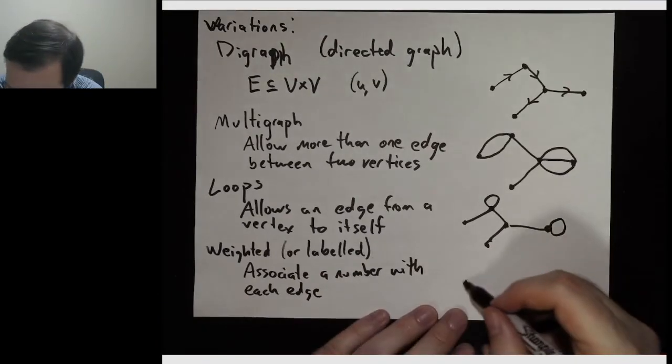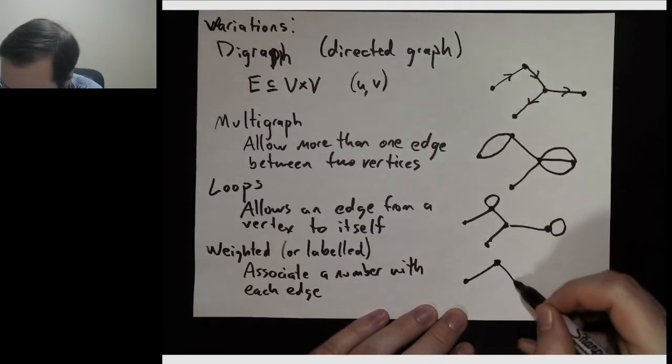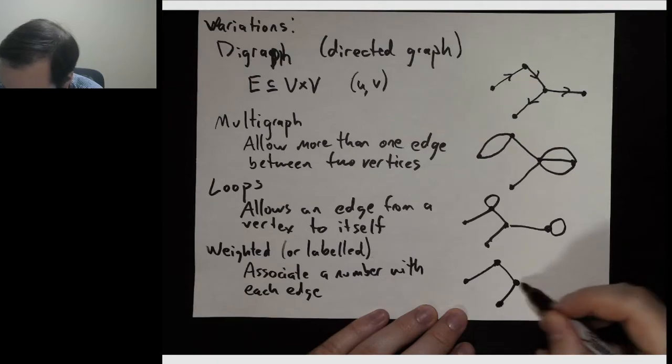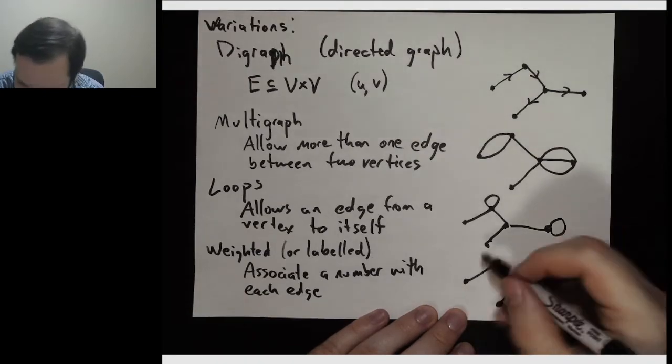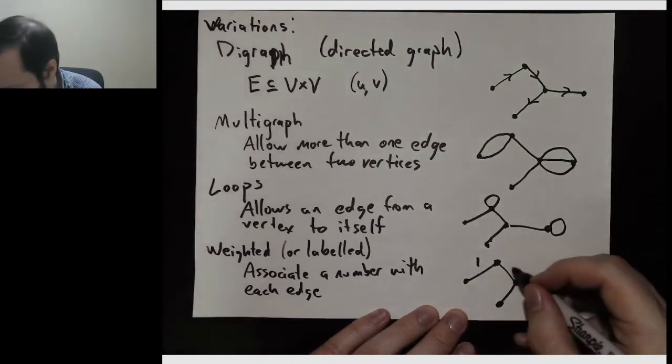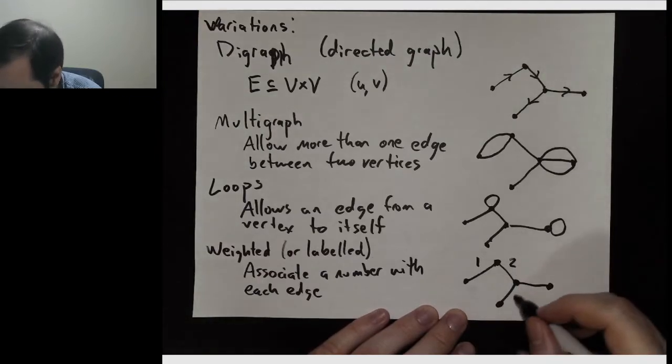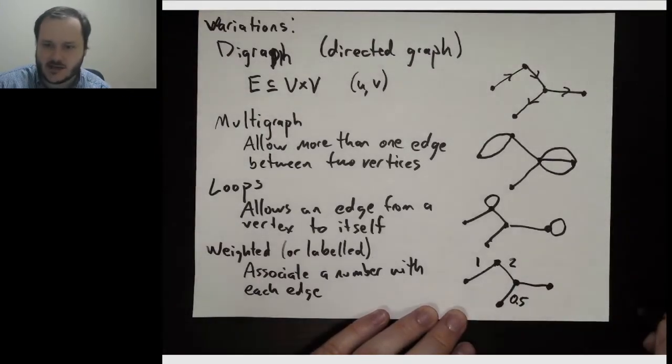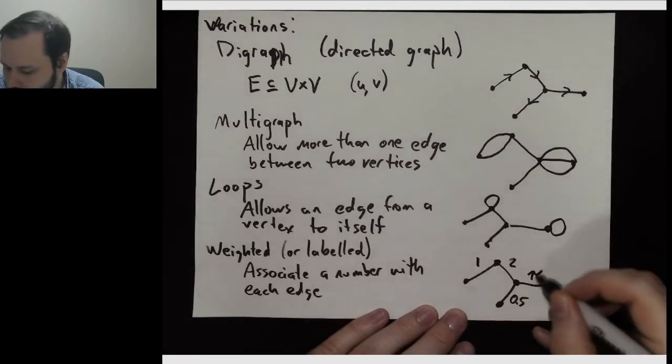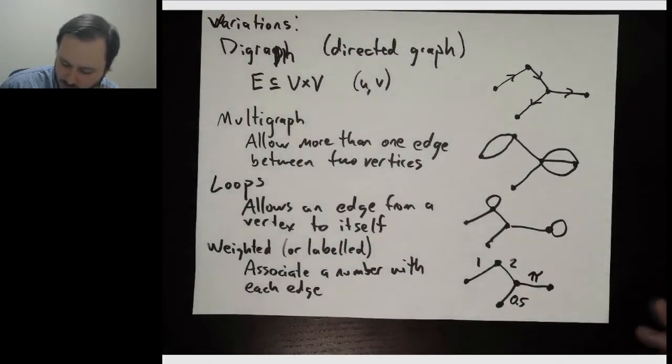So this edge I might label 1, this edge I might label 2, maybe this edge I actually label 0.5, maybe this edge I label pi. I can put any numbers I want.